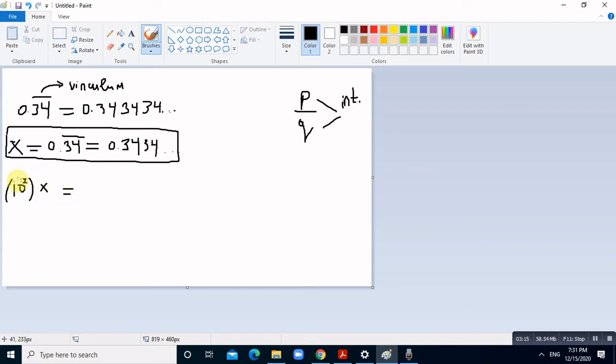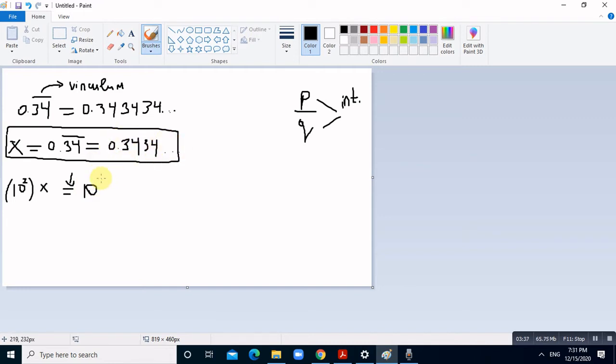Now, since I have multiplied the left-hand side by this number, to maintain this equality sign, I need to multiply the right-hand side as well. And that means that I'm going to multiply the repeating decimal. I'm going to use this form for ease.